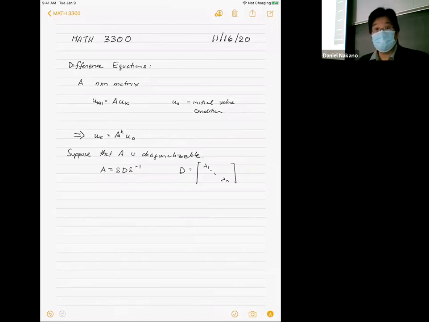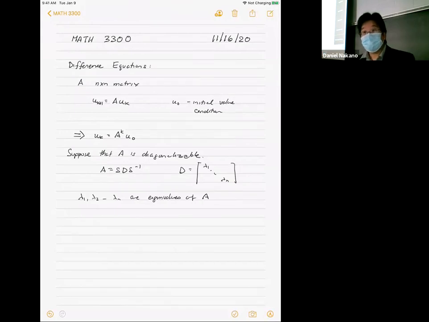The lambda i's are eigenvalues of A, and we have corresponding eigenvectors, which are down the columns of S.